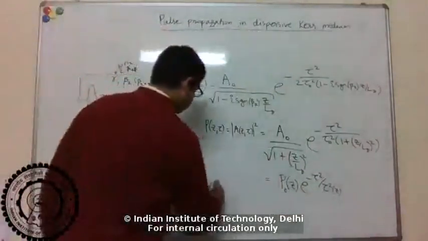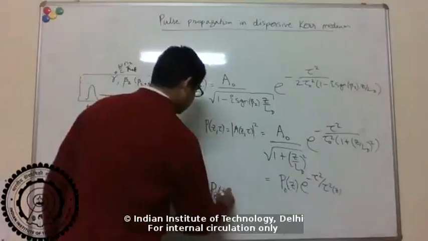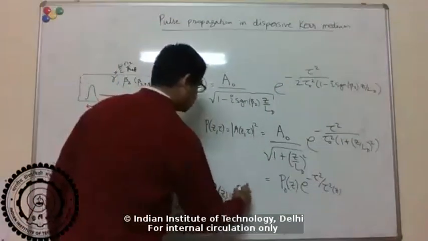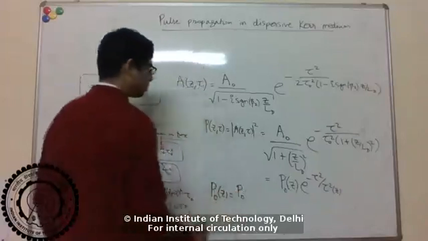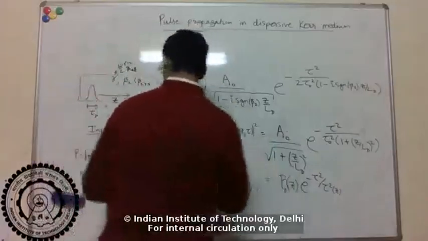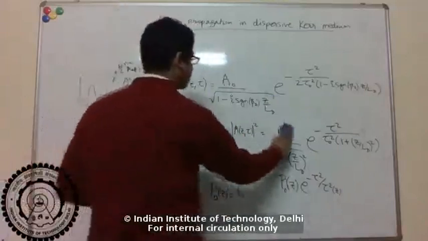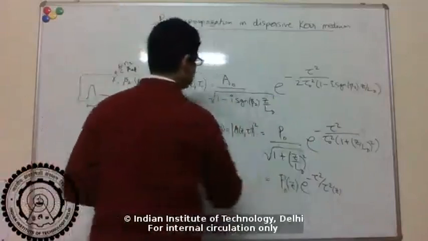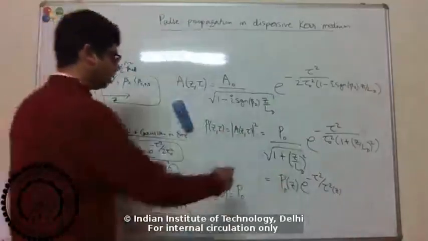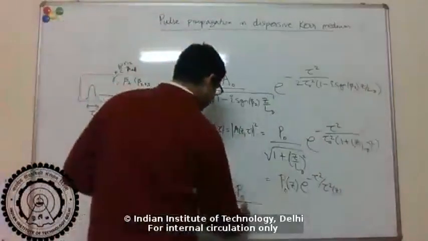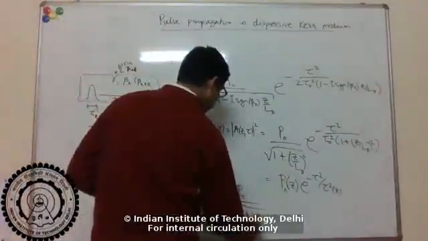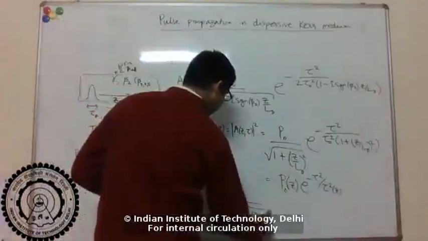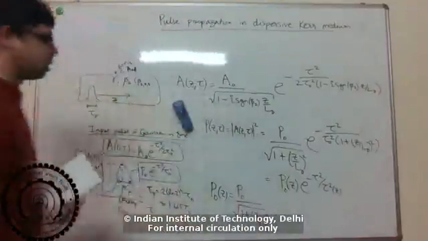So the peak power in the pulse, P naught Z, is now, sorry, this is P naught, because I get mod A naught square here. So the peak power has gone down by a factor of this 1 plus Z over LD squared, right?